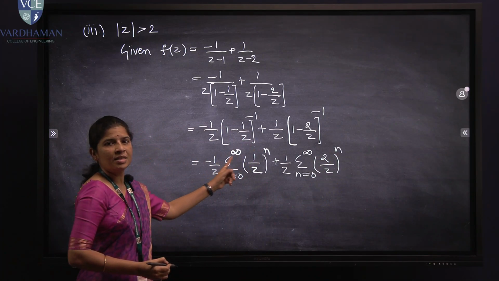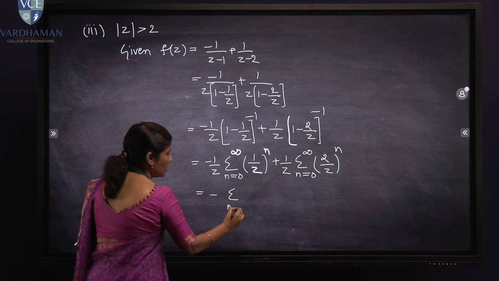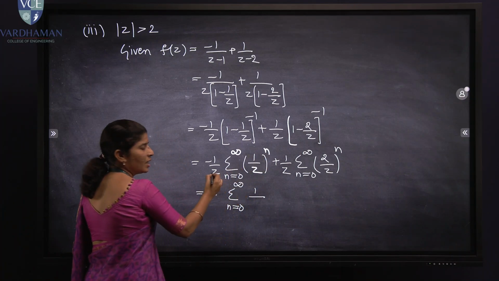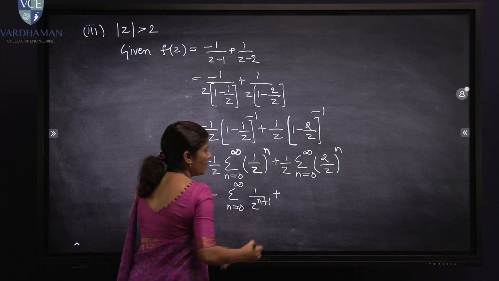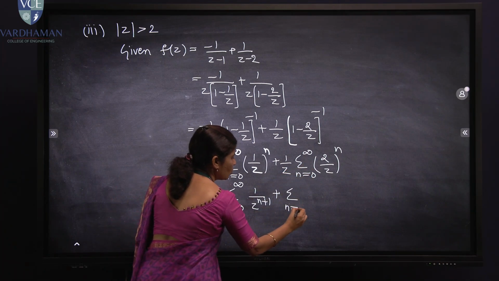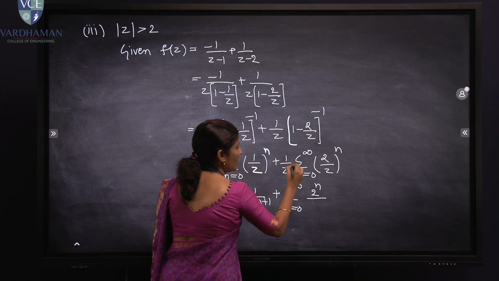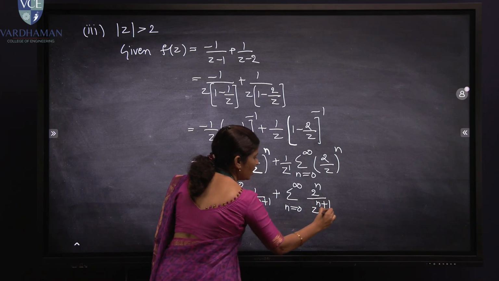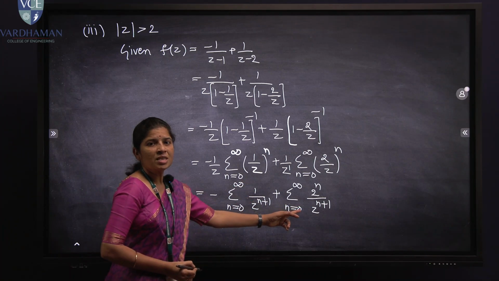And if we take this z inside, this minus as it is, summation n is equals to 0 to infinity 1 upon z power of n, and z power of n we also write as z power of n plus 1, plus, if we take 1 by z inside of the summation, summation n is equals to 0 to infinity 2 power of n upon z power of n, and z power of 1 we also write as z power of n plus 1, and this is the binomial expansion we are using in a summation form.